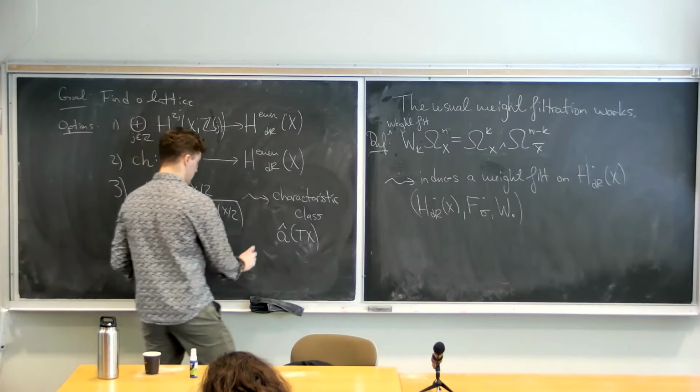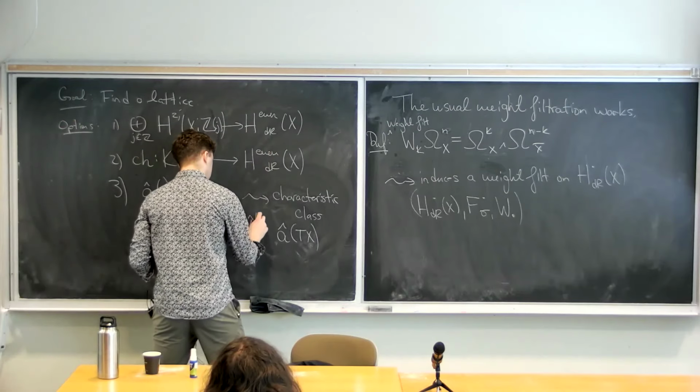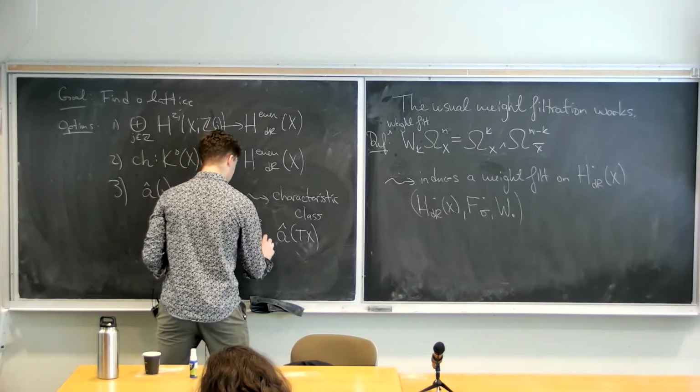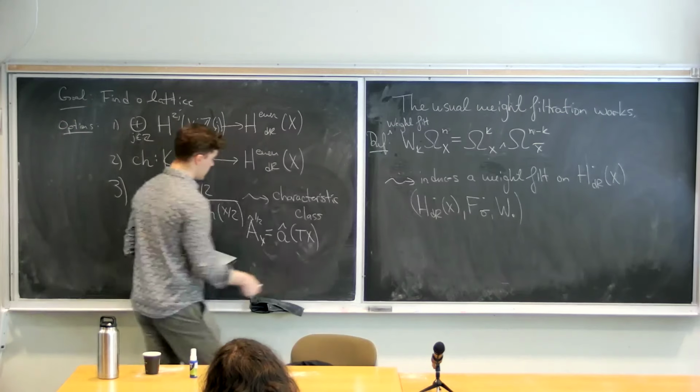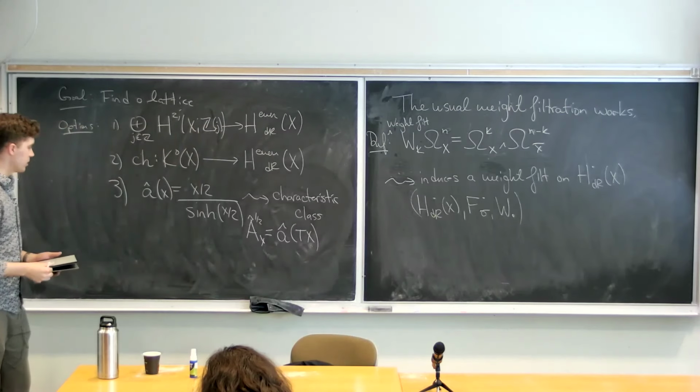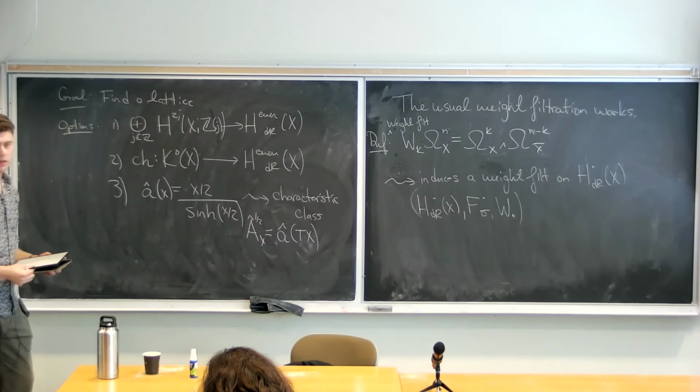And then we could take its square root. So this is some polynomial in terms of Chern classes of the manifold, and you could ask to take its square root. You'll get some cohomology class.